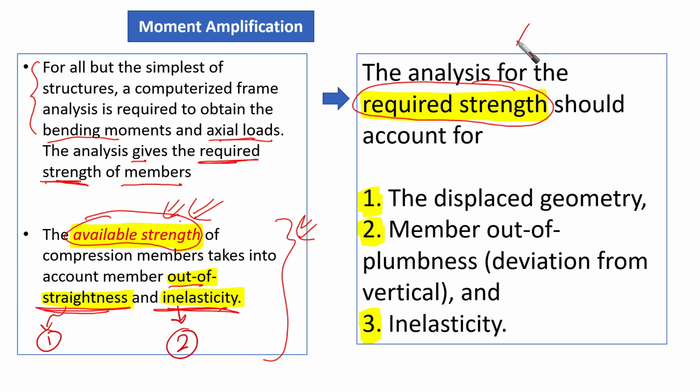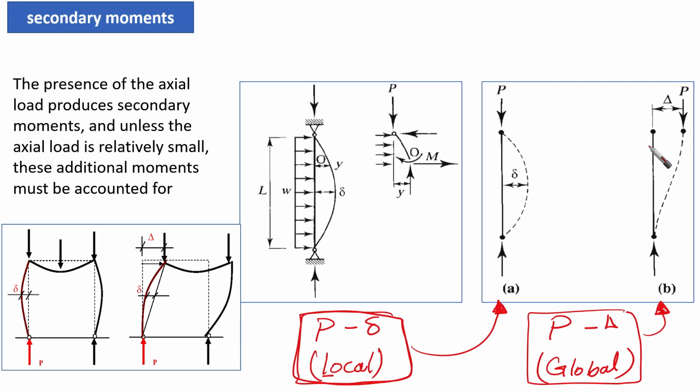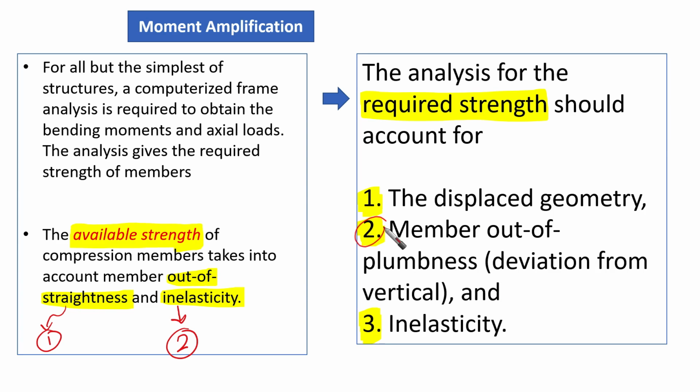The analysis for the required strengths, in our case for beam columns here, should account for three different things. The first is the displaced geometry, as we have said here, something like this, for example. The second is the member out of plumbness, deviation from the vertical, which is the local one that we were talking about.